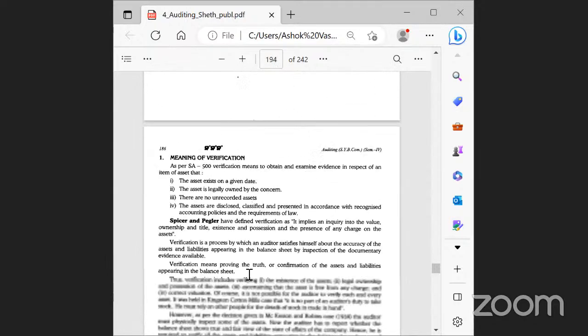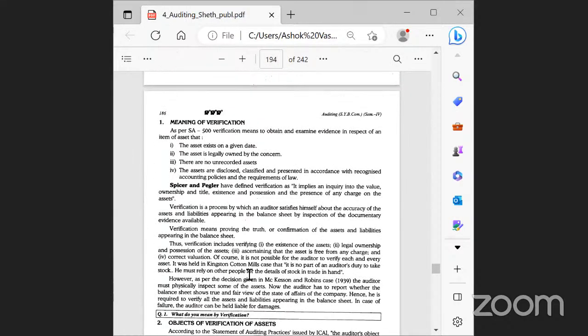Verification. I read the meaning. Verification of assets includes verifying whether the asset exists on a given date or not, the asset is legally owned by the company, there are no unrecorded assets, and the assets are disclosed properly, classified properly. Okay.